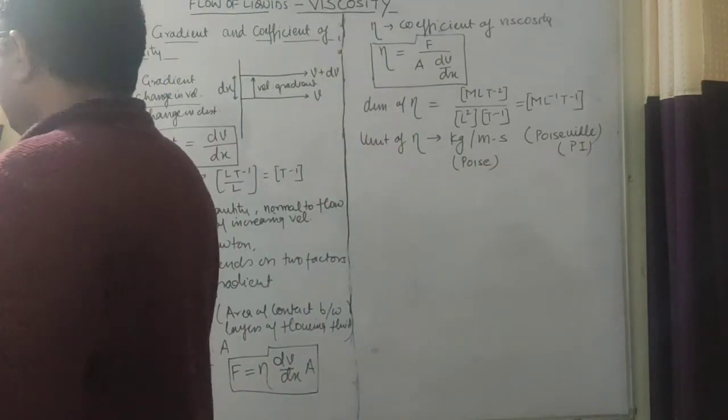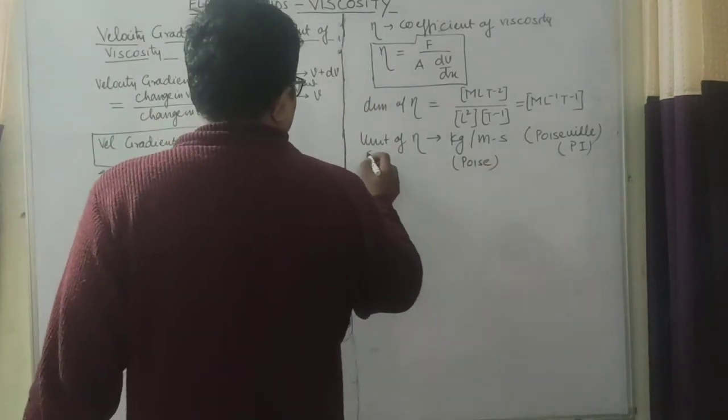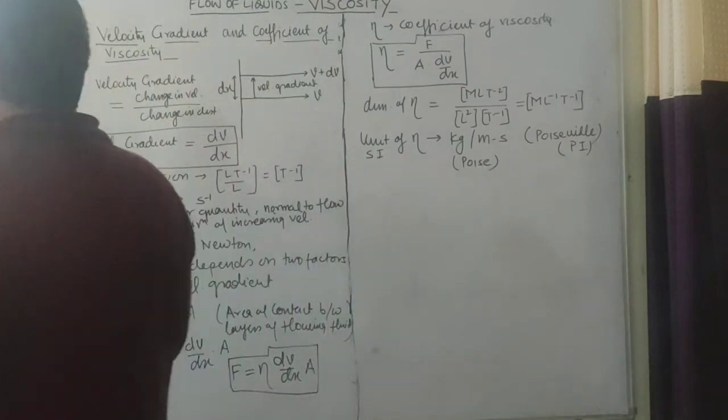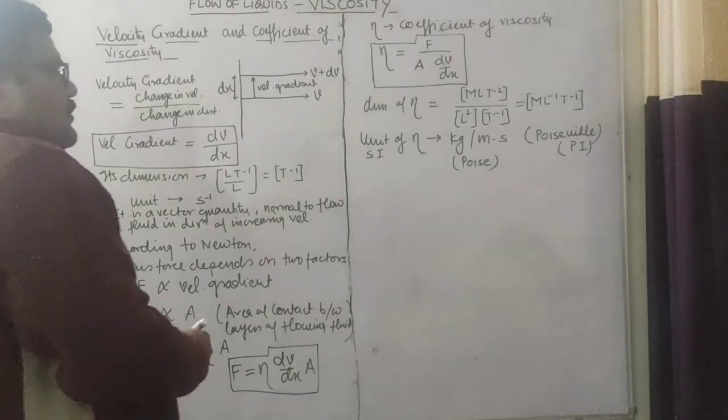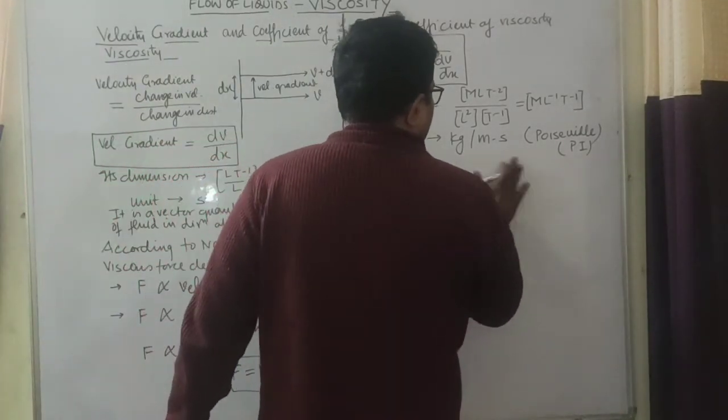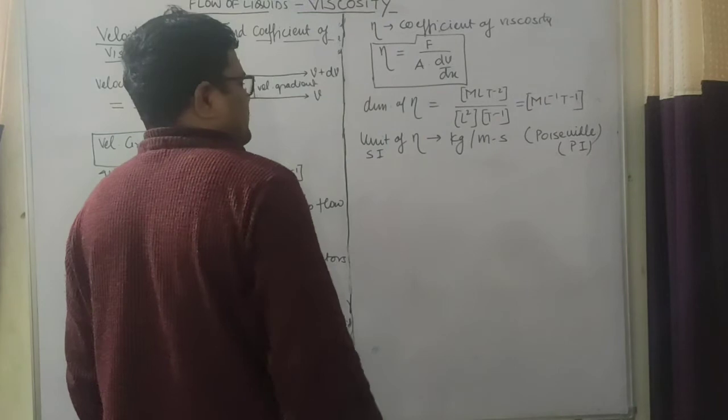SI unit is kilogram per meter second. It is also known as Poiseuille. So SI unit is Poiseuille, Pl.